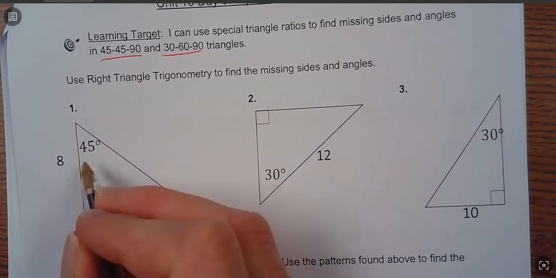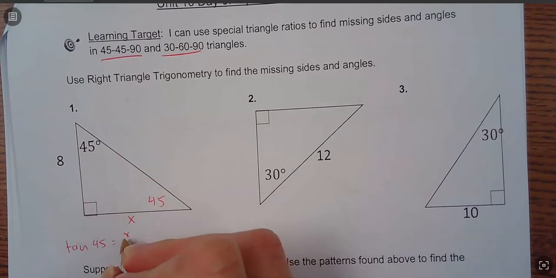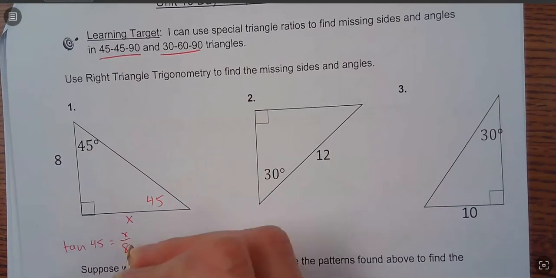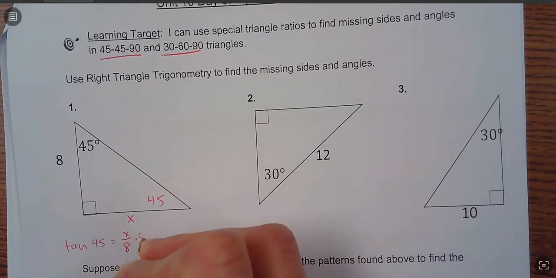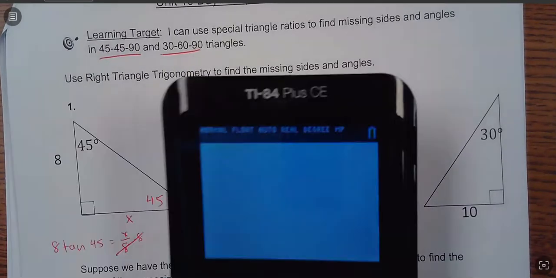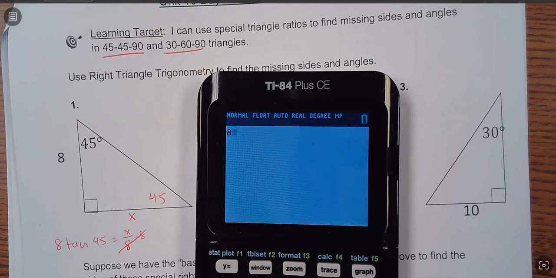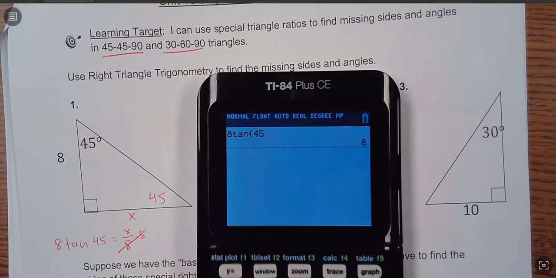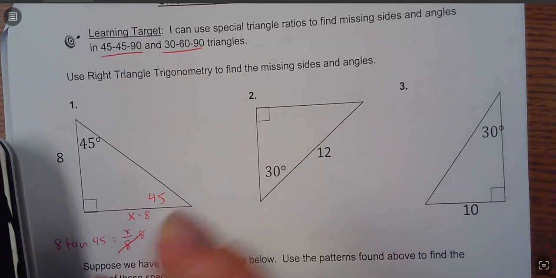So tangent 45 is opposite over adjacent. To solve for x, multiply both sides by 8, which crosses that out, and in your calculator, 8 tan 45 gives 8. So it is in fact 8 equals 8.